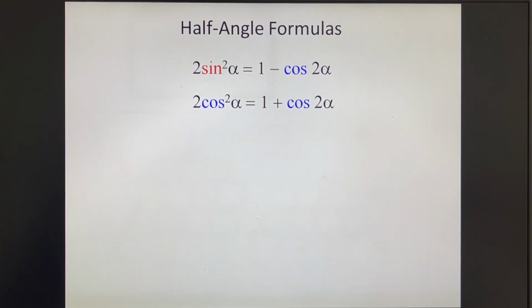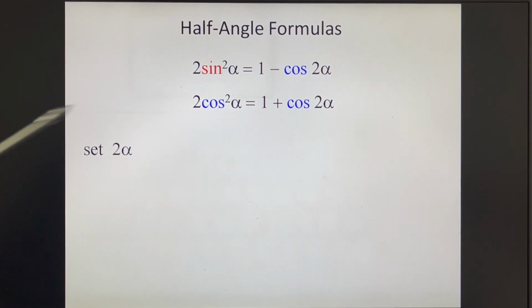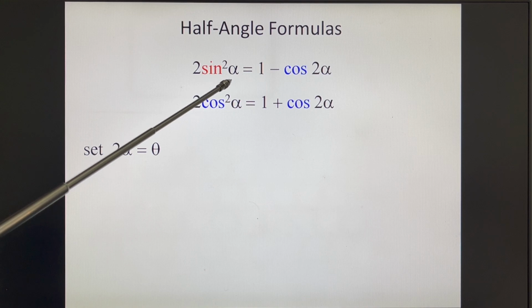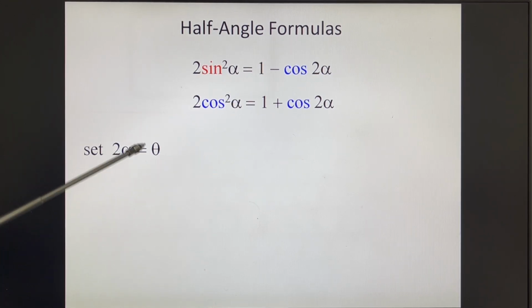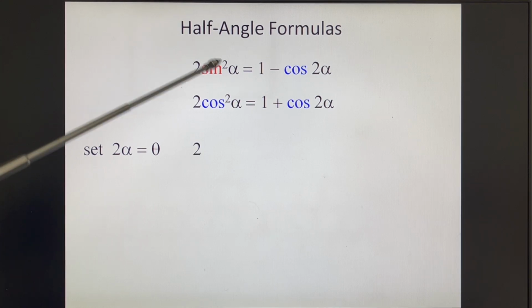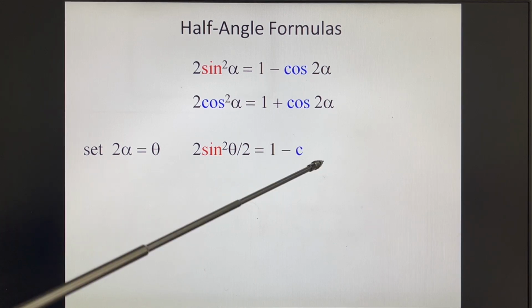Now, we want to go back. We set 2 alpha equal to theta. Then alpha equals half theta. We rewrite this in terms of theta. We get 2 sine squared half theta equals 1 minus cosine theta.